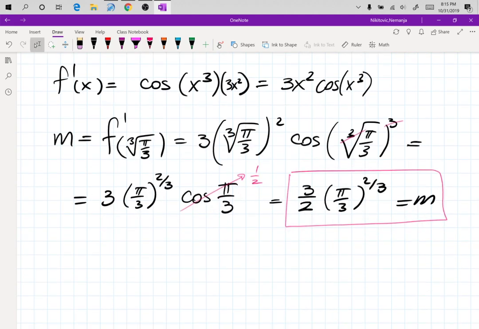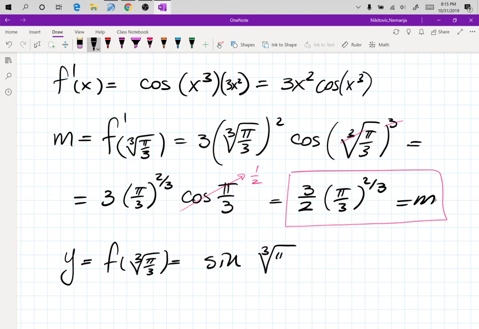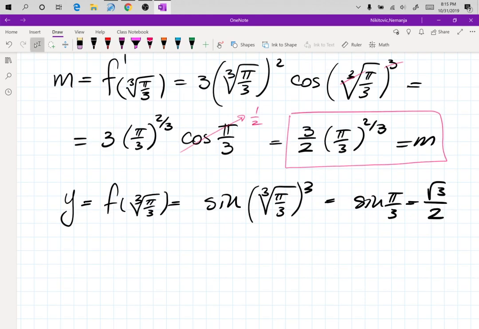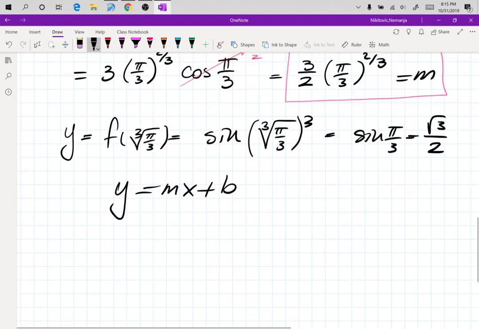So now we need the y value for our calculation, which will be the original function calculated at cube root of pi over 3, and that's going to be sine of cube root of pi over 3 cubed, and that's sine of pi over 3, which is root 3 over 2. Y equals mx plus b.